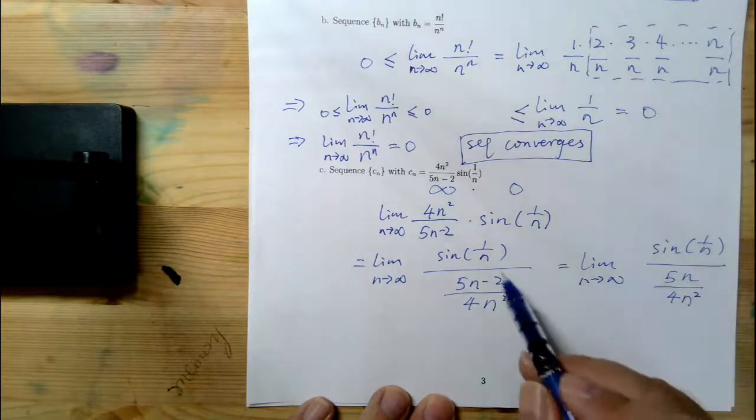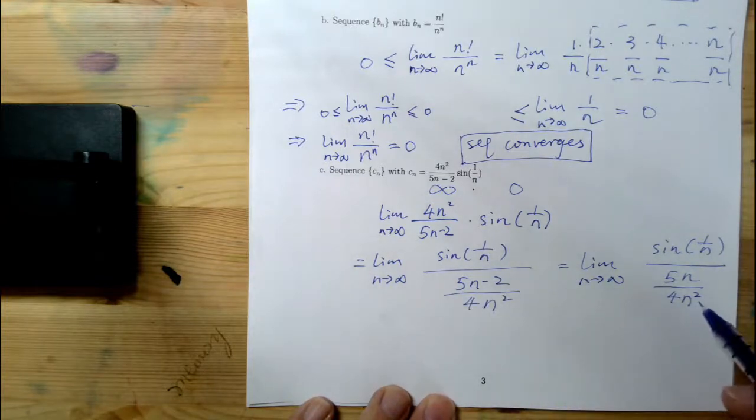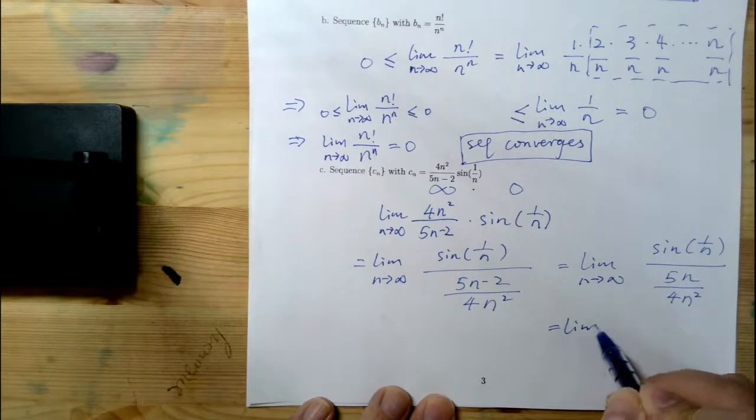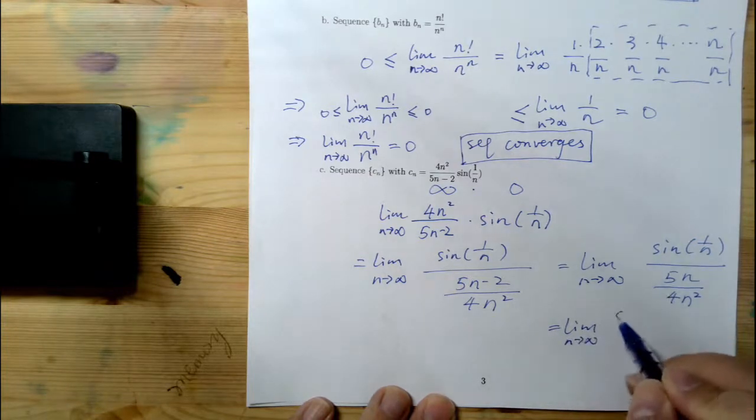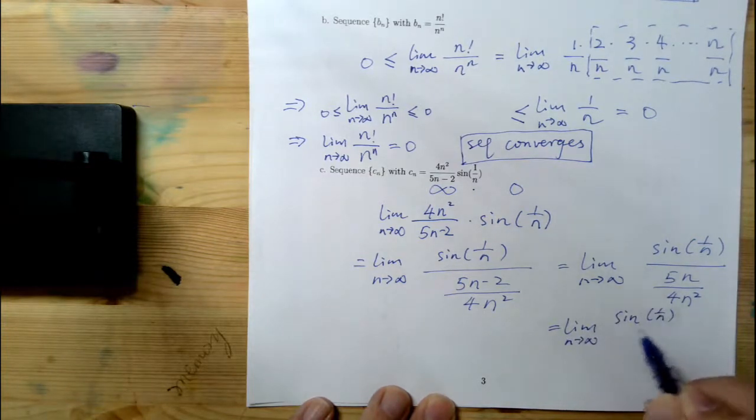So the limit becomes sine of 1 over n over 5 over 4n.